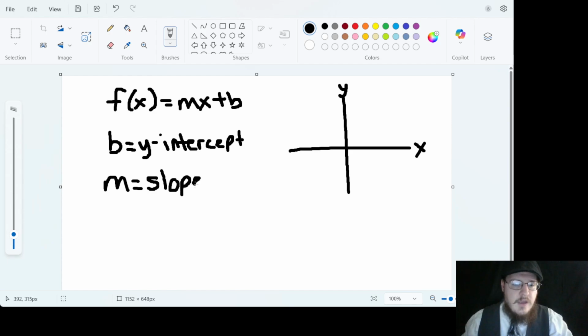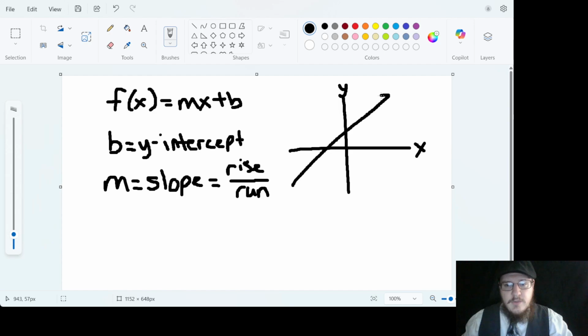Okay? Another way to view this is it's the rise over the run. Now, what I mean for this is, say we have a graph that looks like this. Now, real quick, most graphs continue forever in both directions, okay?